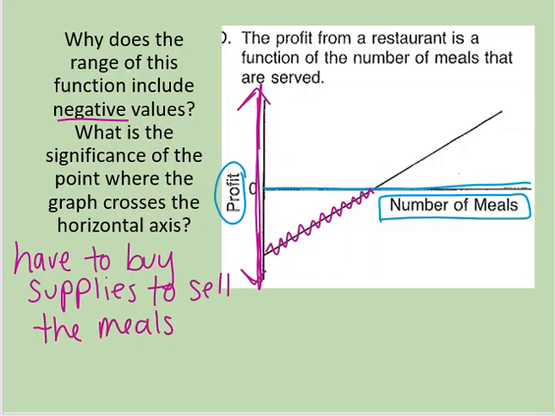Okay. And then we want to know, what is the significance of the point where the graph crosses the horizontal axis? That is right here. So our graph, we start out with negative money. Slowly, we get less and less negative, and then we reach this point. When we reach this point, that means that our profit is equal to 0, right?